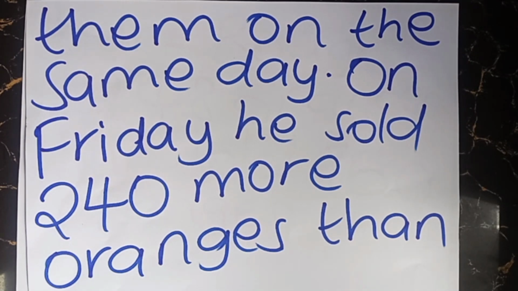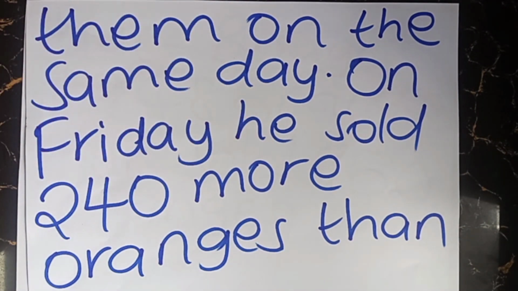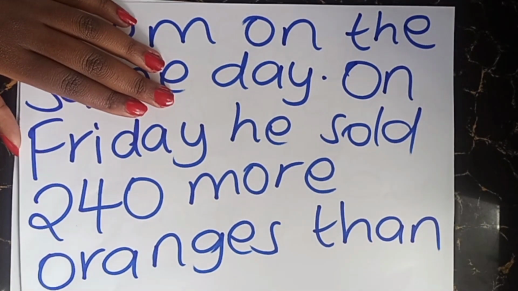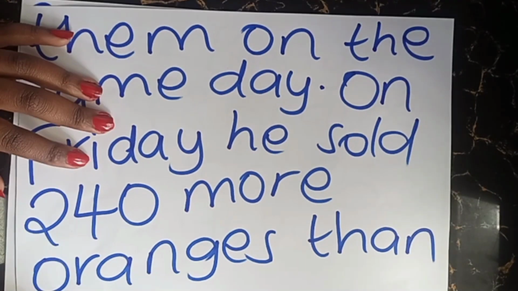So how many oranges did he sell on Friday? He sold 240 more oranges than he did on Thursday. And on Thursday, he sold 750 oranges, okay? So that means that on Friday, he sold 750 oranges plus 240 oranges.